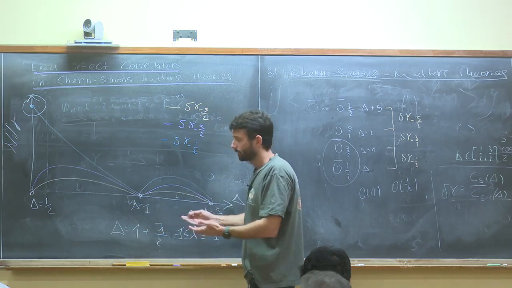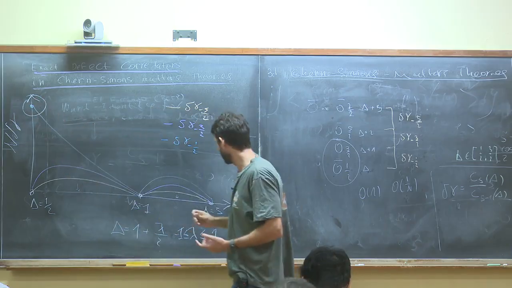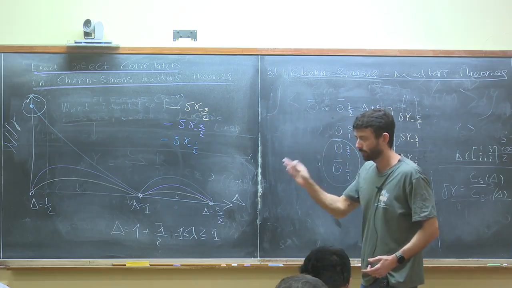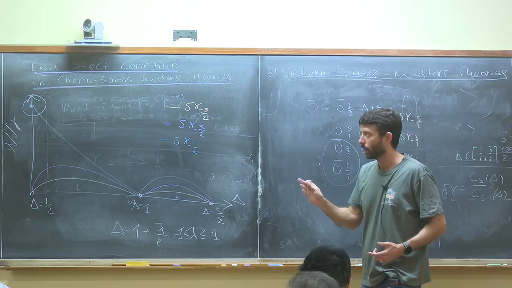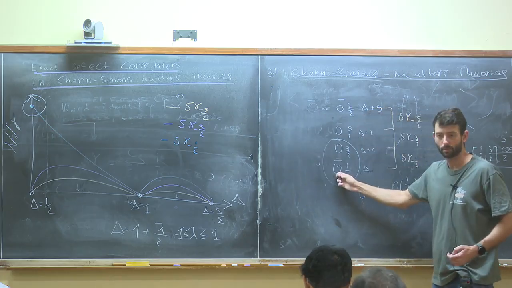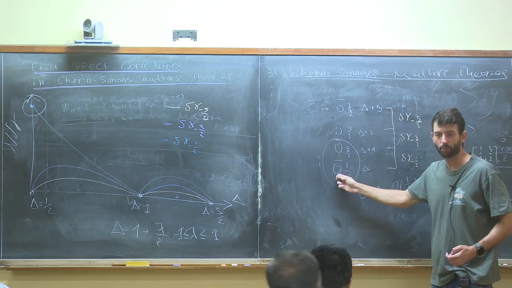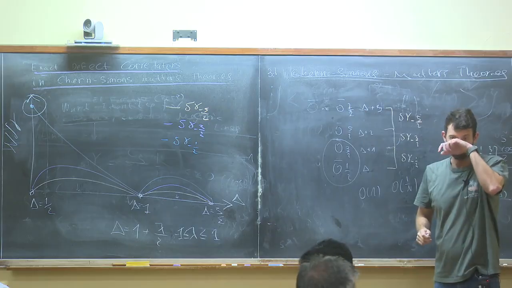The only thing that can explain this phenomenon is that there is a line you can define in the critical vector model that only affects these operators. It only gives them an anomalous dimension and not the rest. And there is such a line.